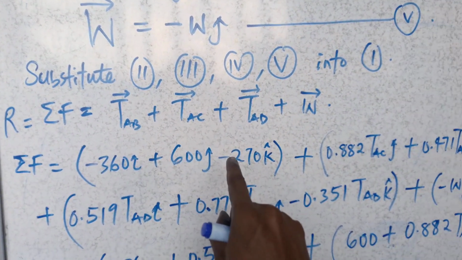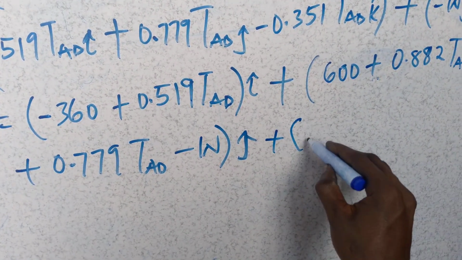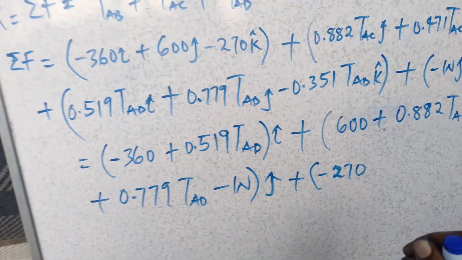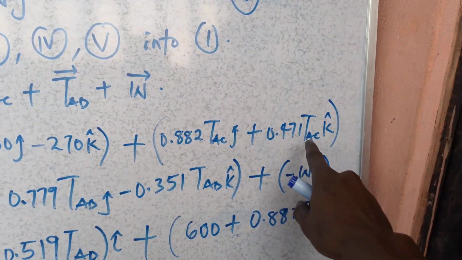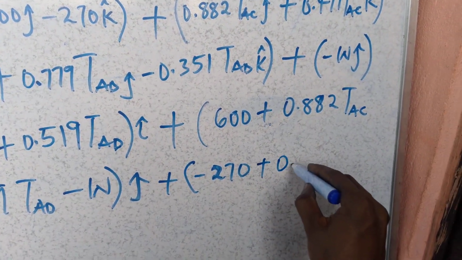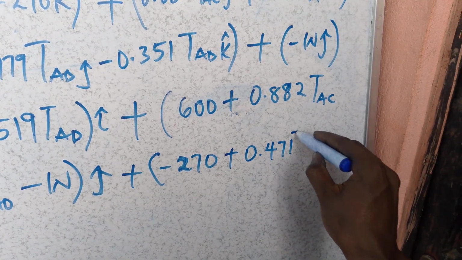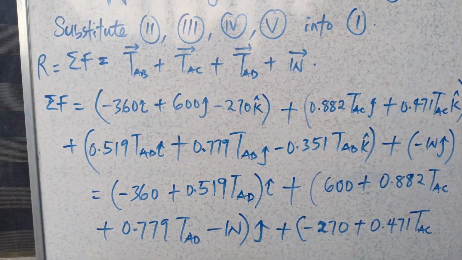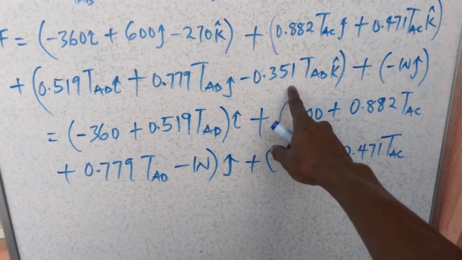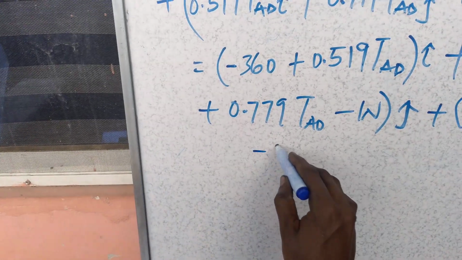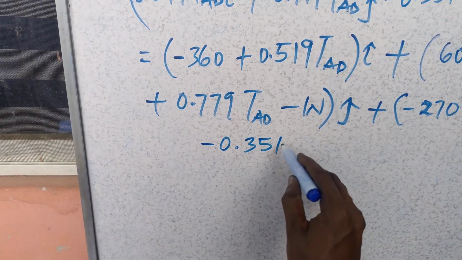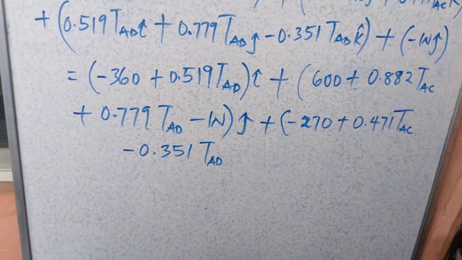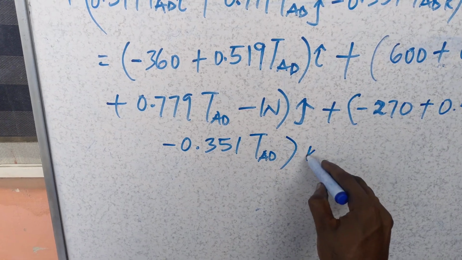Then I take the K coordinate: minus 270, plus 0.471 TAC, and minus 0.351 TAD.